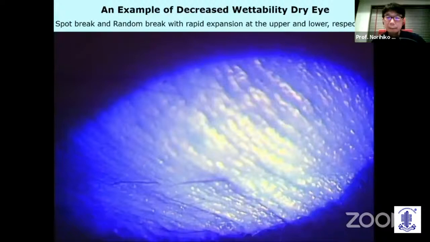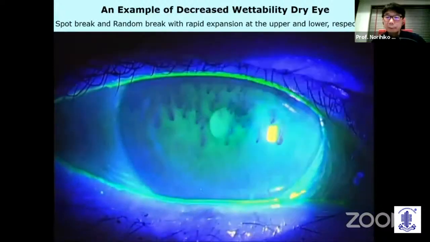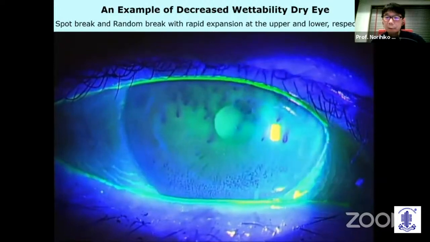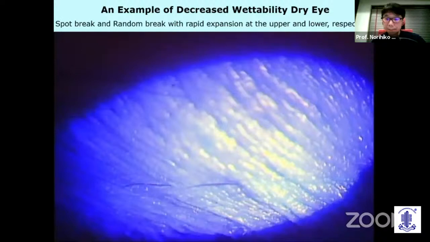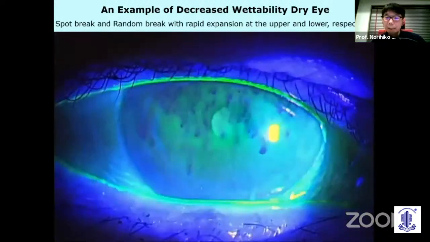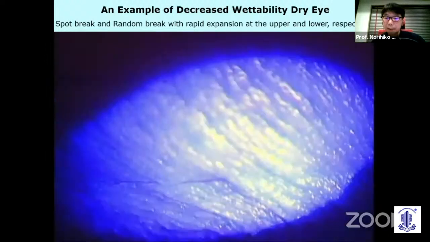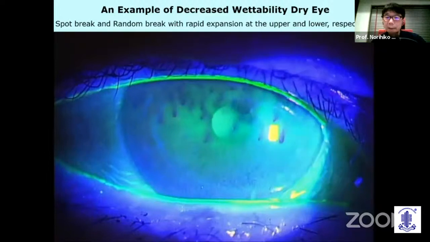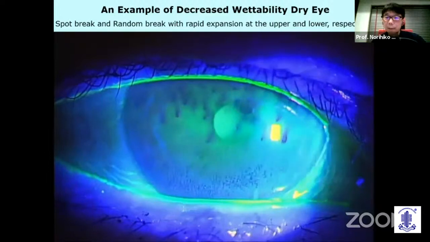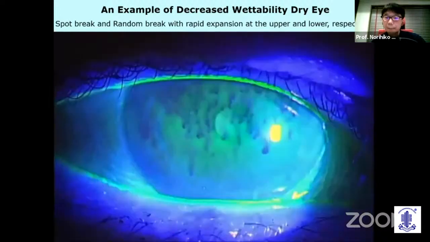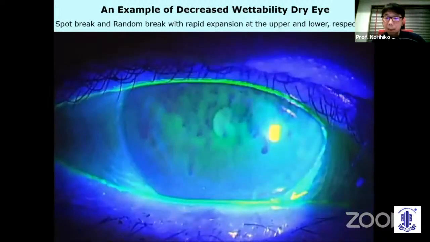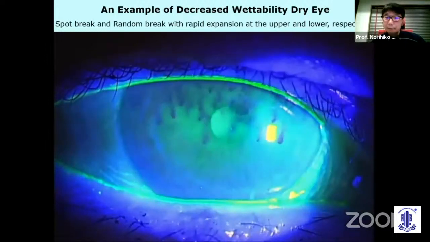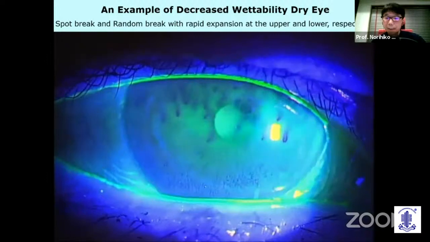Please watch this movie. This is an example of decreased wettability dry eye, in which you can see a spot break at the upper part of the cornea immediately after eye opening, and random break with rapid expansion at the inferior part of the cornea. At the lower part of the cornea, after the tear film is established on the cornea, which is confirmed by the stoppage of upward movement of fluorescein, once random break happens in the inferior cornea, it expands very rapidly due to the decreased wettability of the corneal surface.